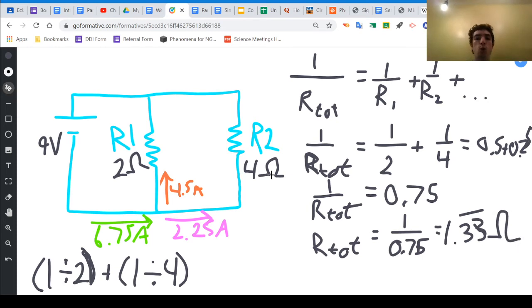And that many ohms is our equivalent total resistance. One thing to notice, that's actually lower than both of the resistances individually of these two resistors. That's lower than 2 or 4 ohms for our total resistance.